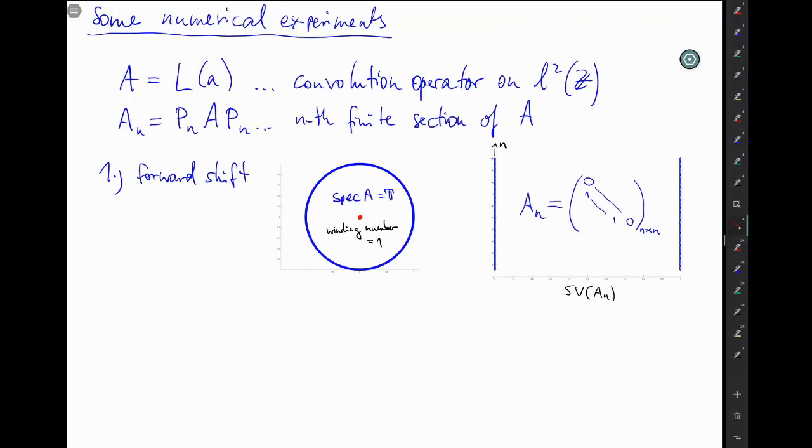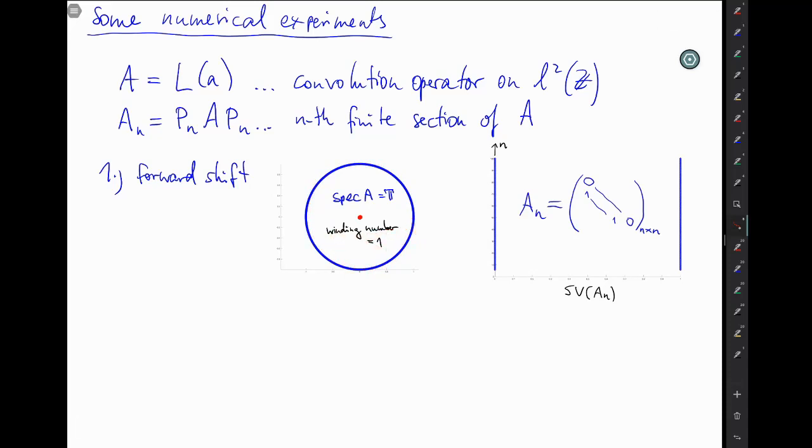So here you can see again what we just observed for the forward shift. The spectrum is the unit circle, and it was traced out exactly once surrounding the origin in mathematically positive orientation, exactly once, and that's what we mean by saying the winding number equals 1.